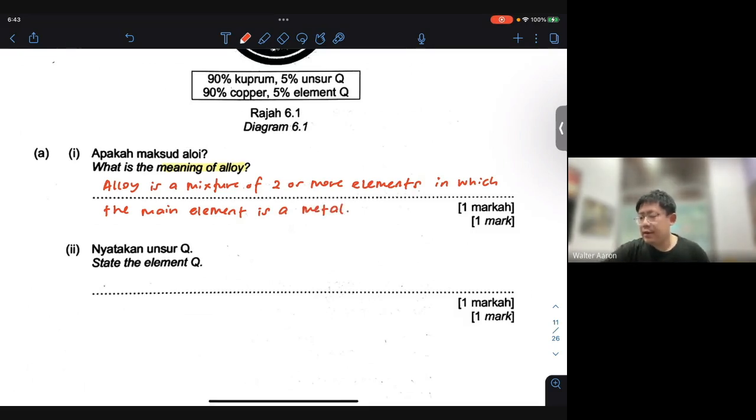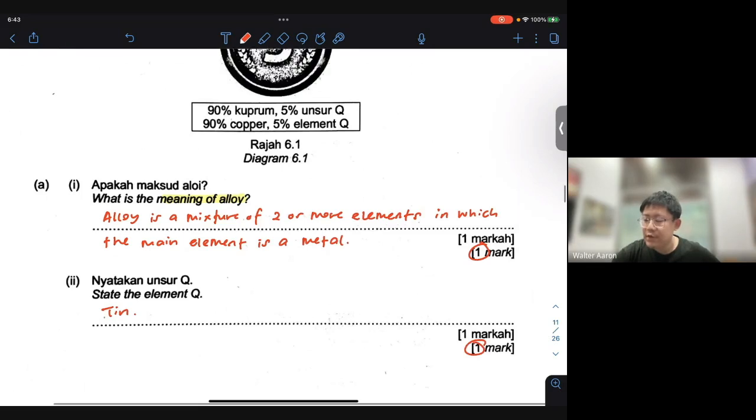All right, and then after that, state the element Q. So Q here is supposed to be tin. 5% of tin, 90% of copper.